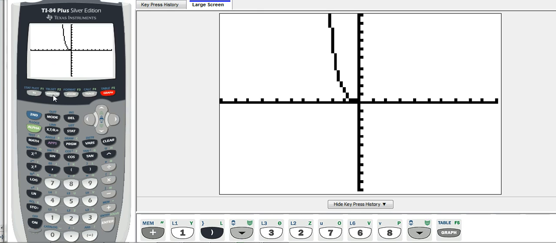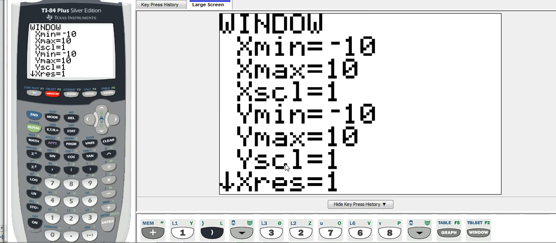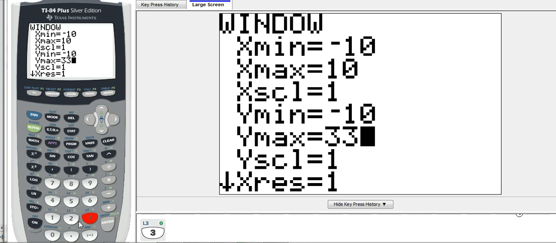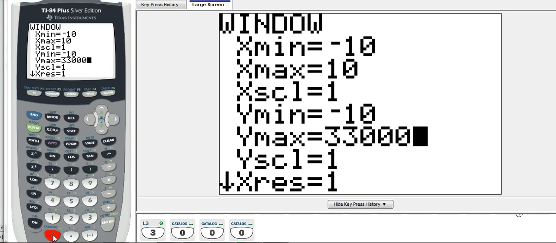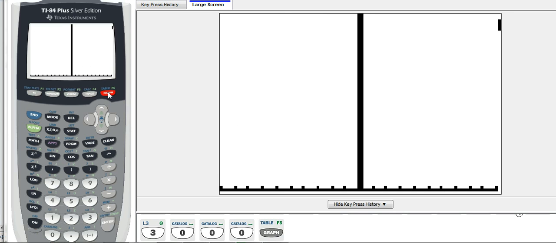Let's go to Window, and Y is going to have to be really tall. Y max, 32,000 at least. Why don't we say 33,000? And now graph. Let's see if it's going to show our line.